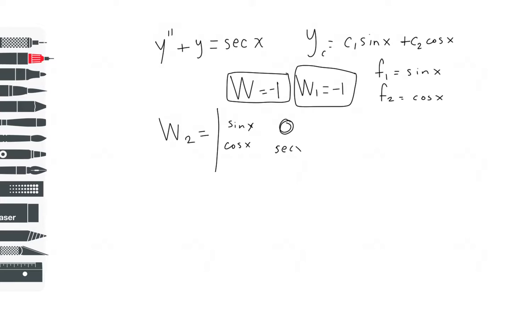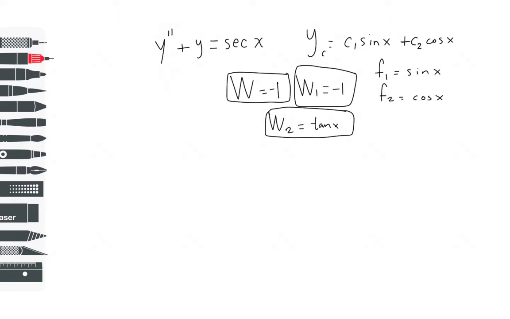Once you do this cross product, you get sine of x times secant x, plus 0, minus 0. Sine of x times 1 over cosine of x simplifies to tangent x. So W sub 2 equals tangent of x.